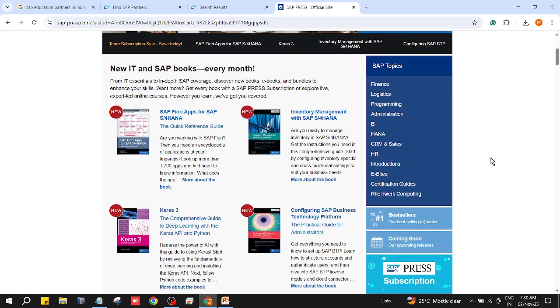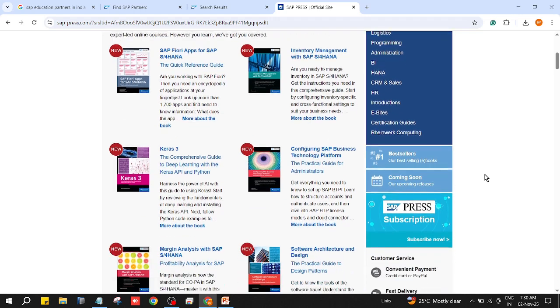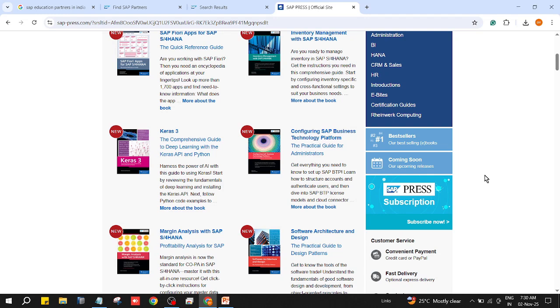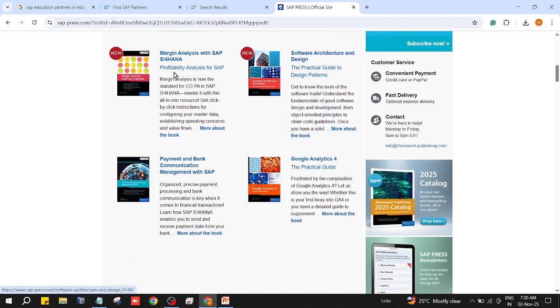If you go to this, SAP Fiori apps specific book, inventory management specific book. SAP for dummies, SAP for beginners, certification specific books, architecture specific books. You see this? Analytics, BW, BI and all, is completely a reporting tool.